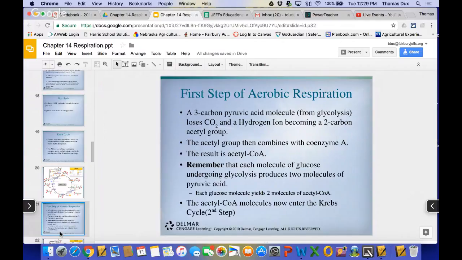Then that 2-carbon molecule combines with coenzyme A to create acetyl-CoA. So we're just changing molecule forms by losing carbon dioxide and hydrogen.